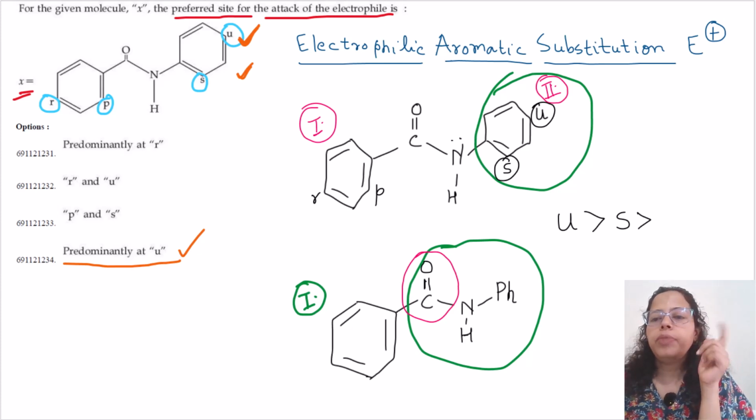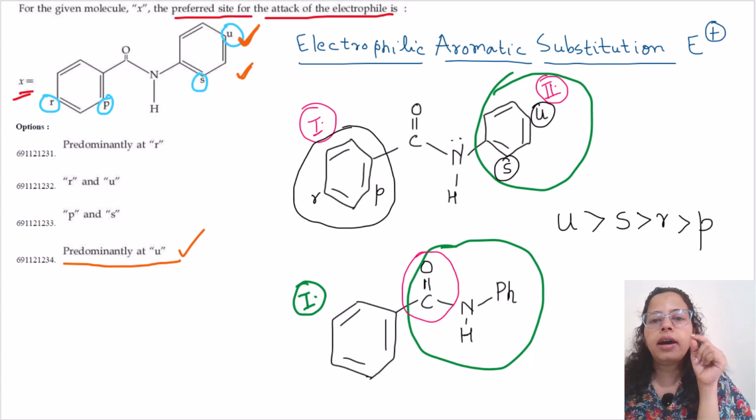Then we will move to ring 1, which has an electron withdrawing substituent. And among R and P, again R will be preferred first, followed by P. So para again will be preferred, followed by the ortho in ring 1. So this should be the order of reactivity towards the electrophile.